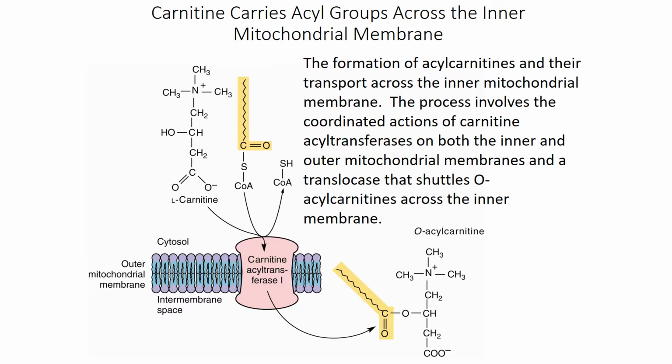So here we have L-carnitine, and once that fatty acid has been modified with CoA, that does target it for degradation, but in order for it to enter into the mitochondrial matrix, it has to be modified with the carnitine molecule. So the carnitine substitutes for the CoA. This is then transferred, or this transferase, into the mitochondrial matrix as this acyl carnitine.